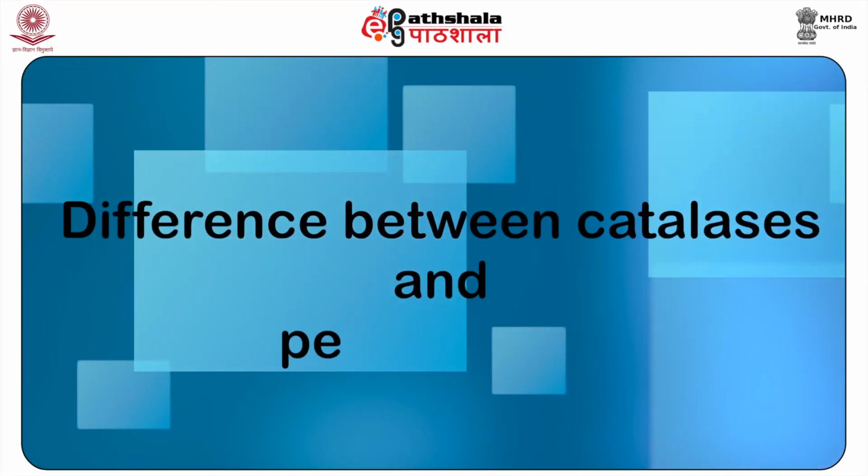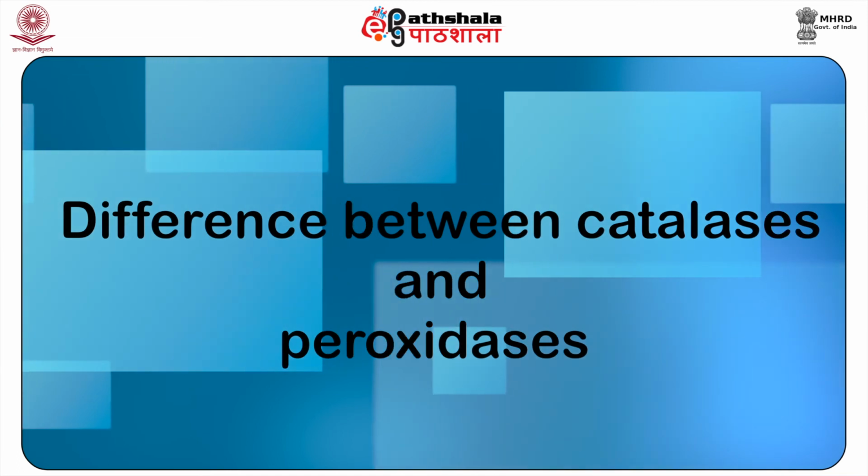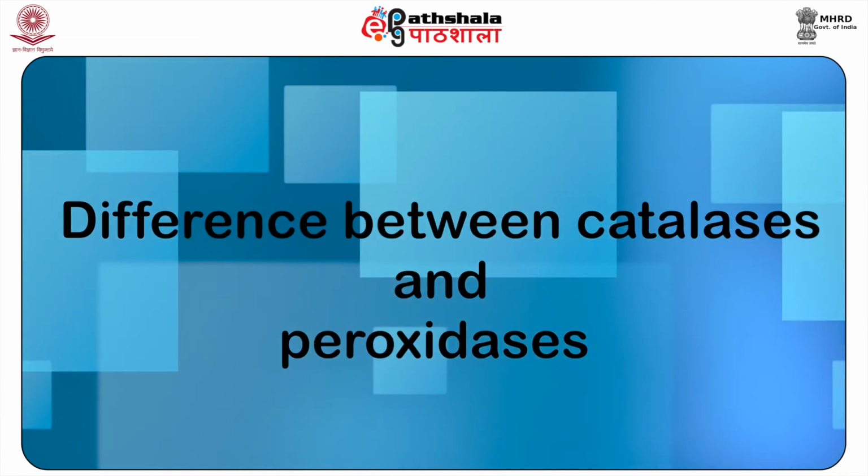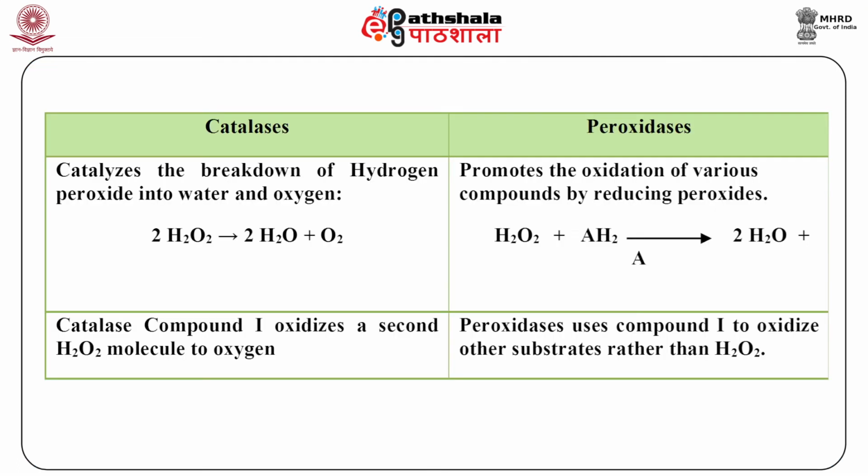Let us now talk about the differences between catalases and peroxidases. While catalase catalyzes the breakdown of hydrogen peroxide into water and oxygen, peroxidases on the other hand promote the oxidation of various compounds by reducing peroxides.